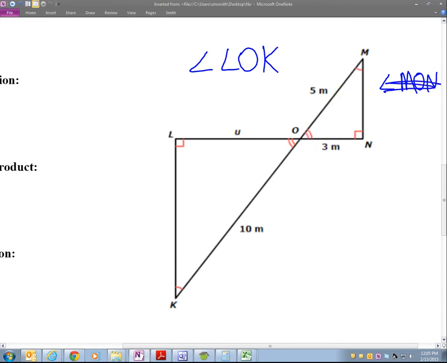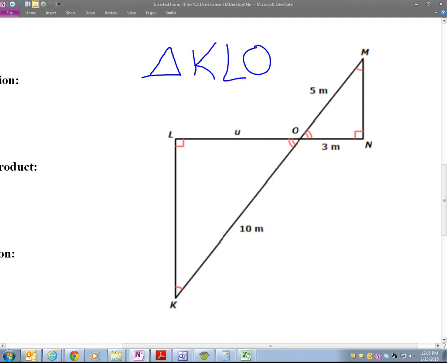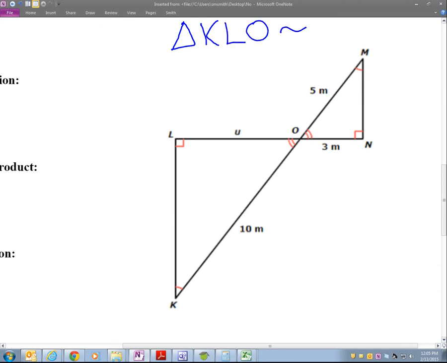That's for side information. Okay, so I'm going to tell you that these two are similar triangles, and the way that I'm going to show you that is triangle KLO is similar. Now, I want to keep this easier to look at later.